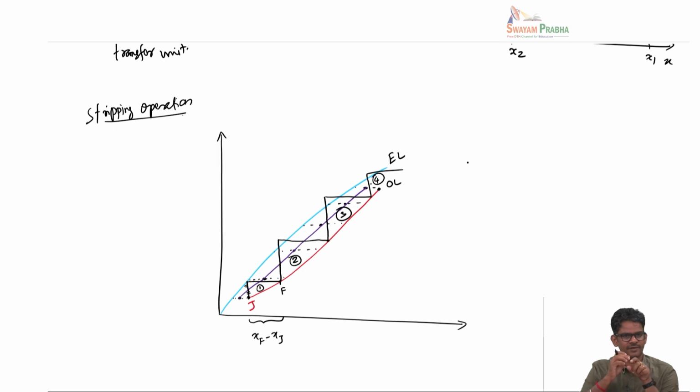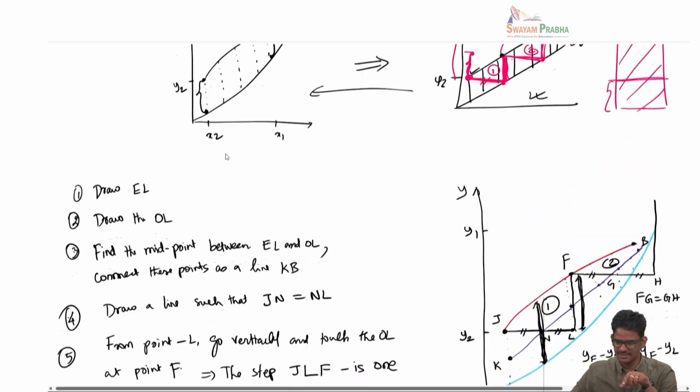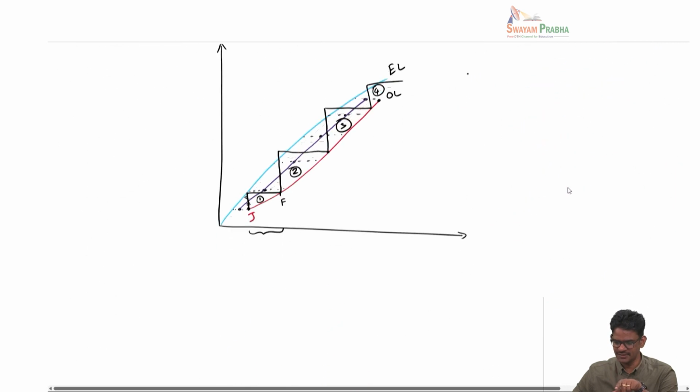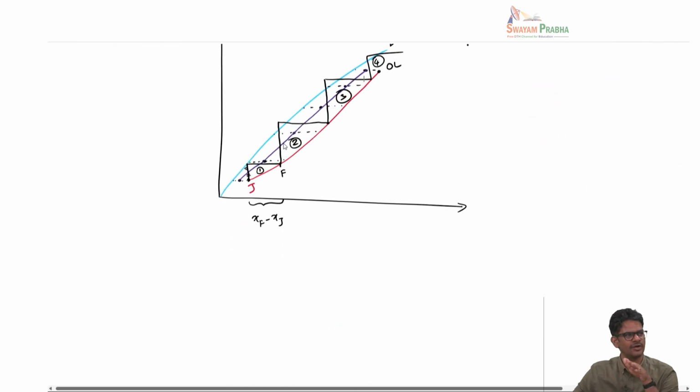If the driving force is constant, then the steps will all have the same size, like I showed here. In this particular case where the two lines are exactly parallel, the driving forces are equal, so the steps will have exactly the same size. But where the driving force keeps changing along the column, the step size will become smaller and bigger depending upon the size of the driving force.